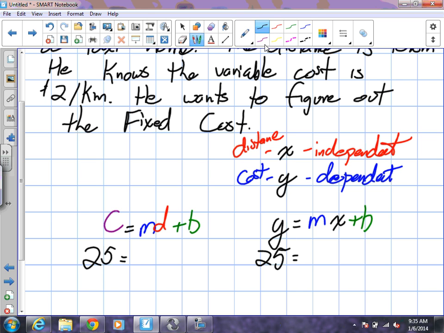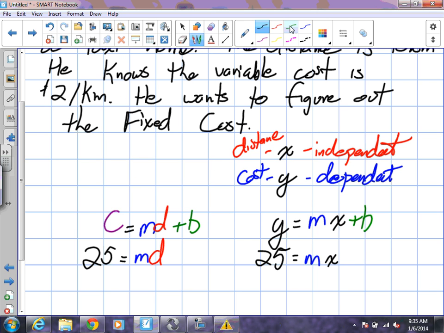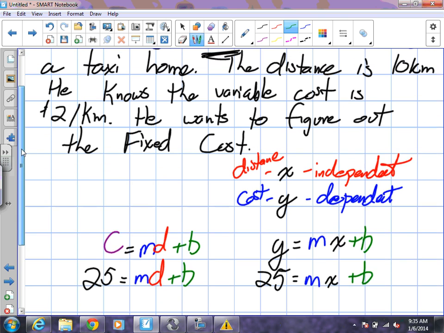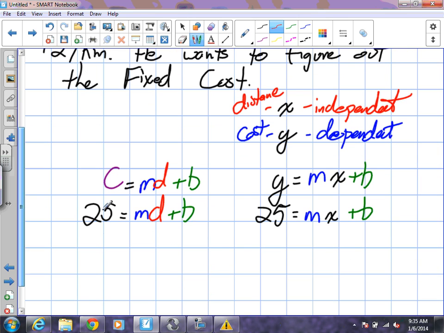We'll keep it as M to start. Our X is our distance, our D. We don't know what our distance is, and we don't know what the y-intercept is. But we do know the slope. Oh, I lied, actually. Do we know the distance? I apologize, we do. How far was the distance? 10, that's right. So we can replace our distance, D or X, with 10.